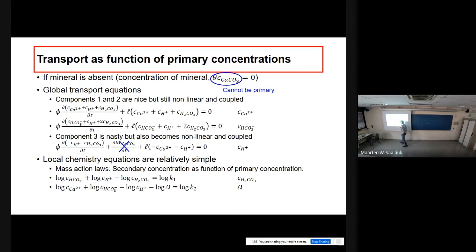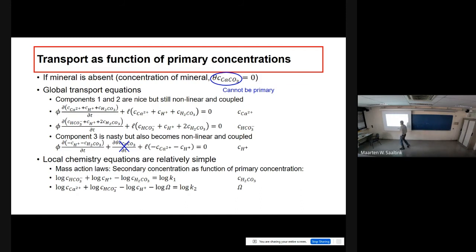If the mineral is absent, of course, then my concentration of calcite is 0. And then here I put my transport equations. I got 3 components, so there are 3 transport equations, which I just wrote with all the species.